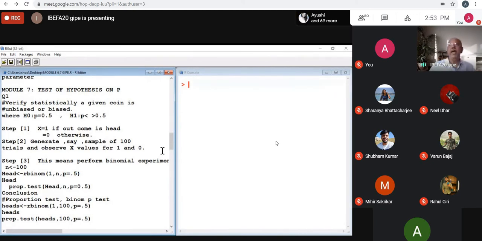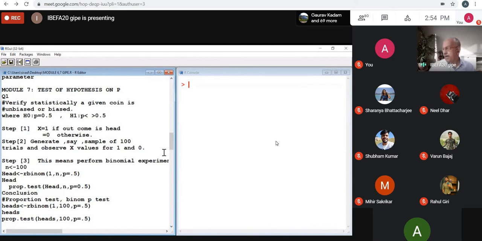So somebody answered me, a coin is unbiased if 50-50 is the chance of getting head and tail. That 50-50 chance is written as probability. You studied probability, right? Yes, sir, I got that part. I just didn't understand this function, prop.test.